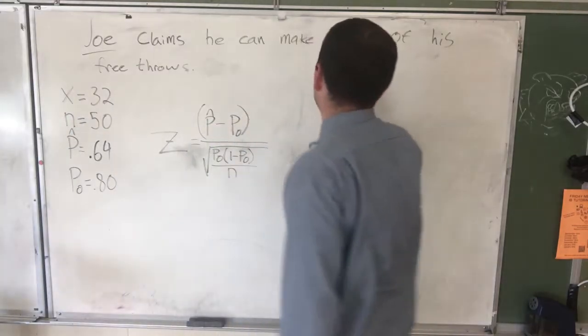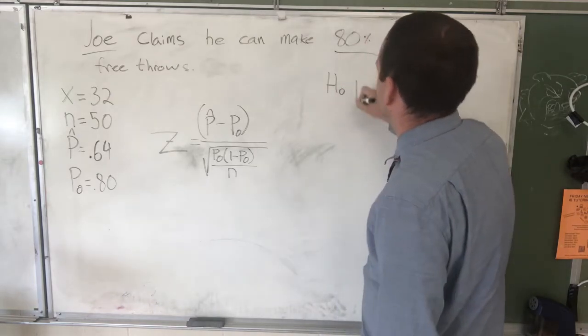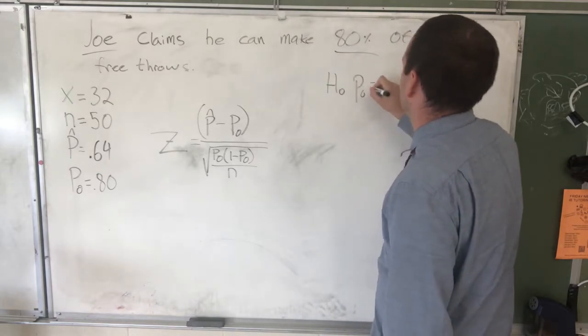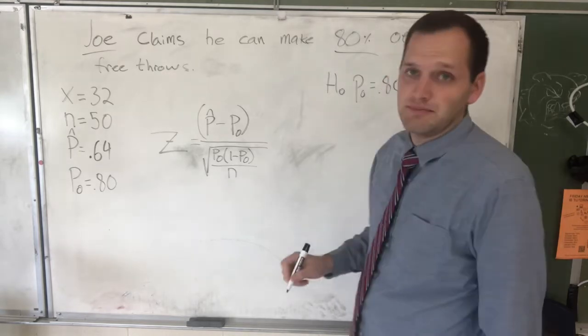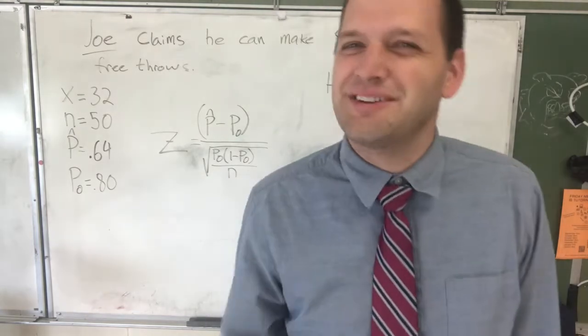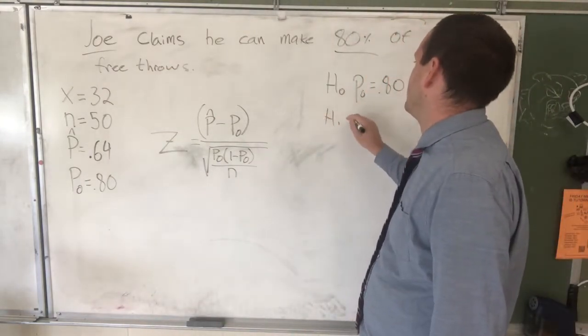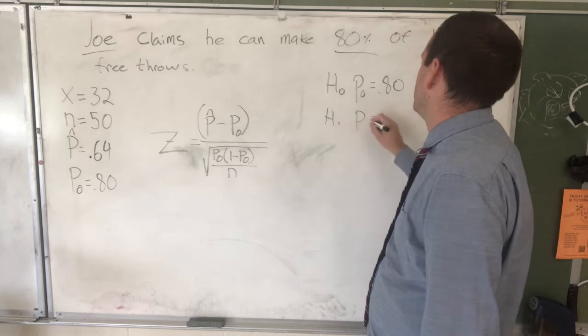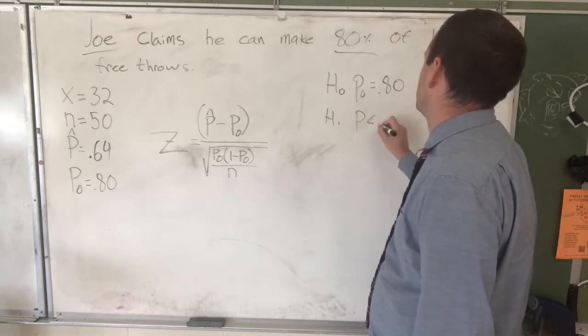So let's see here, if we're looking at this, his claim, the null hypothesis in this case, would be the proportion is 0.8. That was his claim. We're thinking, nah, it's going to be less than that. So we're going to do our alternative hypothesis is P is less than 0.80.